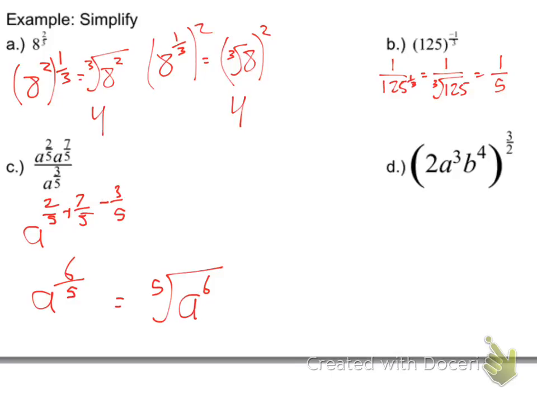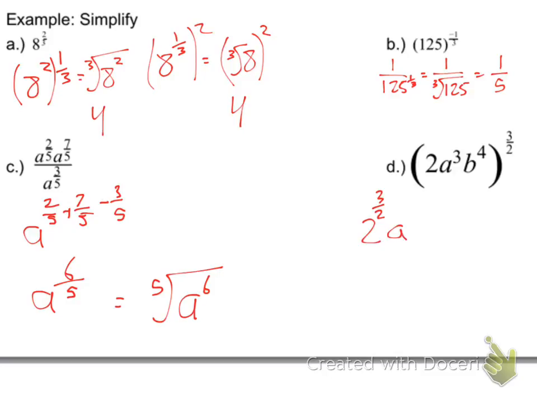D, I think the only problem with part D is the fact that it's got a fractional exponent on a group. So what do I do? Just distribute that 3/2 in. It makes no difference. But don't forget that you have to do it to all of them.